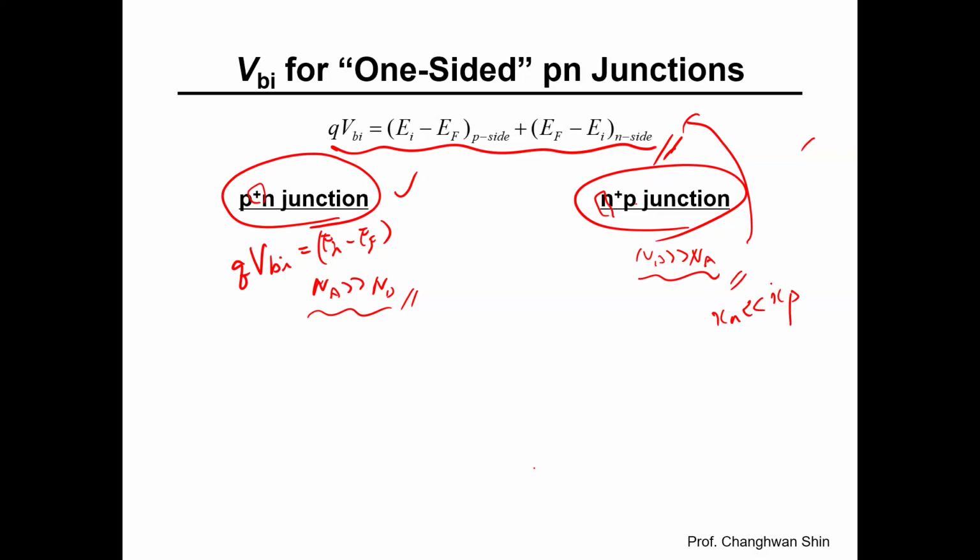This asymmetry has important implications for device characteristics, actually. For example, in a one-sided PN junction, most of the built-in potential drops across the lightly doped region, making the electric field distribution and capacitance behavior different from a symmetrically doped junction.